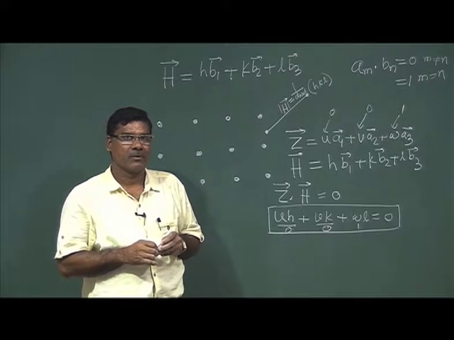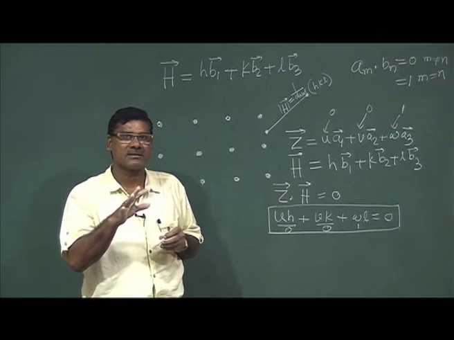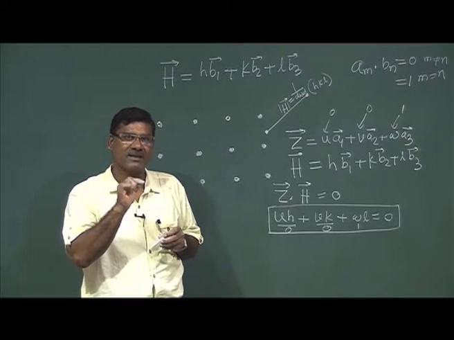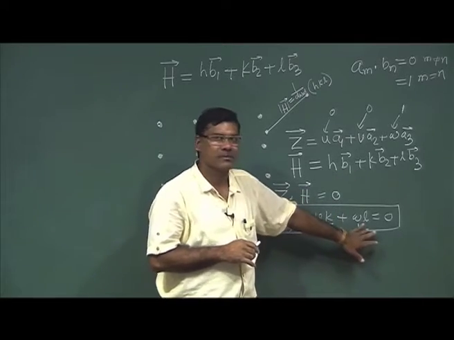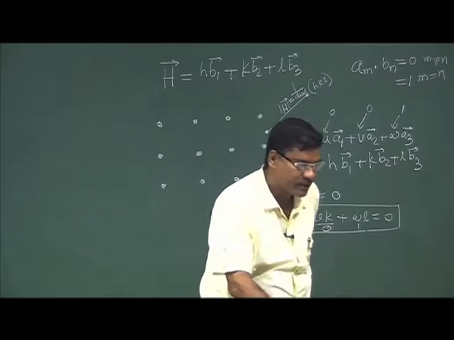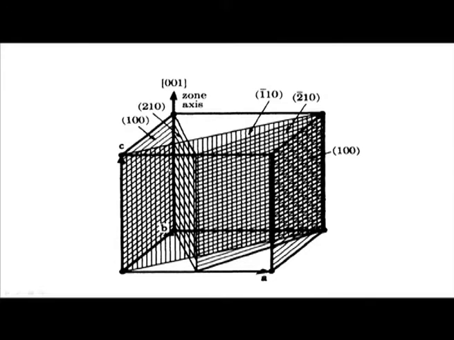So for all the planes, whatever the indices, out of HKL, L has to be 0 all the time. And that is what happened, you see here: all these planes have L value 0, 0, 0, 0, 0. So HKL are different values, but L is always 0.